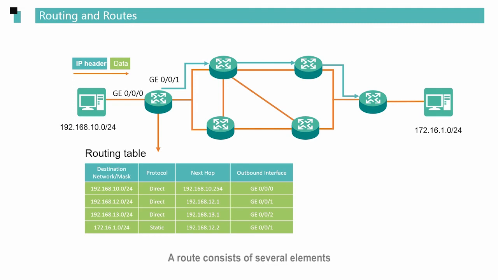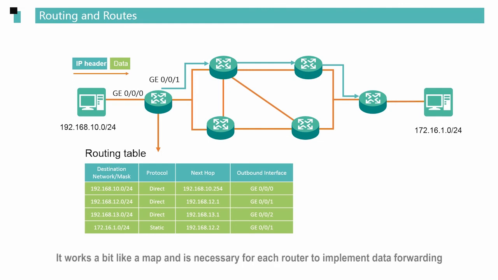A route consists of several elements, including a prefix, destination network and mask length, outbound interface or next hop IP address, priority, and cost. The routing table is also called Routing Information Base, or RIB for short. It works a bit like a map and is necessary for each router to implement data forwarding.